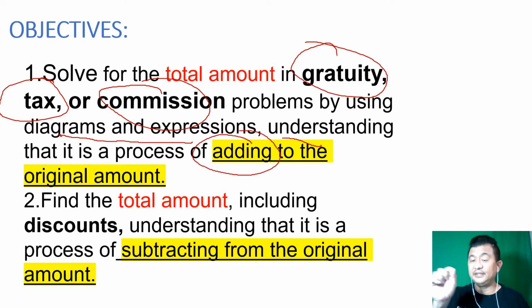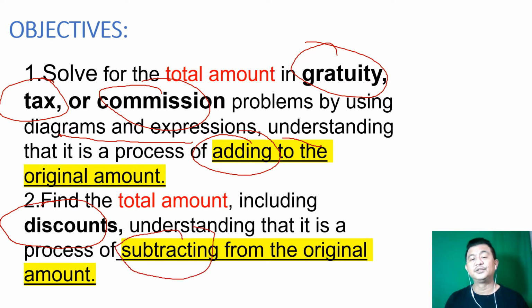At the end, there will be some addition that you need to do. Also, total amount would also include discounts. I'll explain that later, but understand that it is a process of subtracting from the original. Remember that total here doesn't actually mean add all the time. Sometimes you need to subtract.